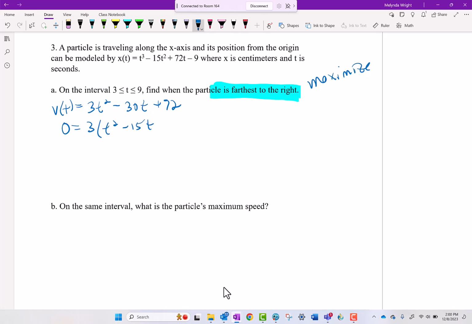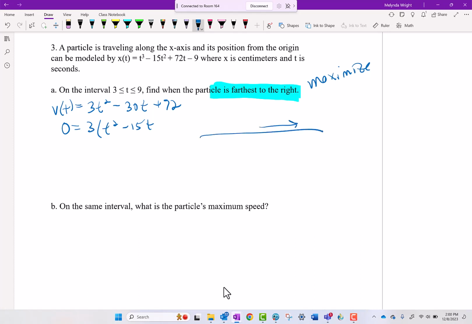If we want to be farthest to the right, which is a position, right? Which equation measures going right or left? How do we even know if we're going right or left? The velocity. Velocity gives us the direction, right? It tells us which way we're going. And so if we want to go to the right, let's think about this in terms of the x-axis.